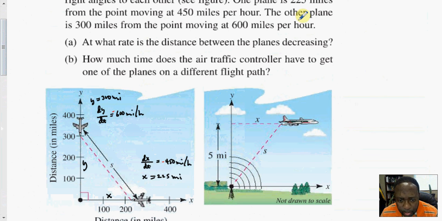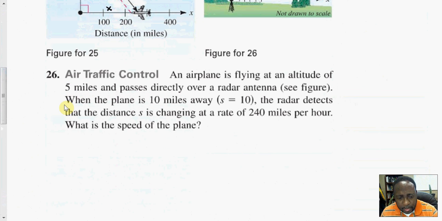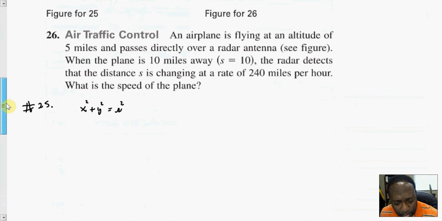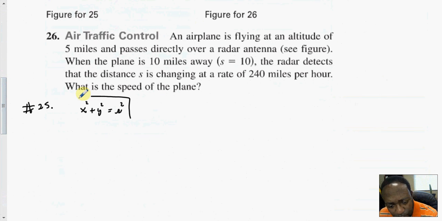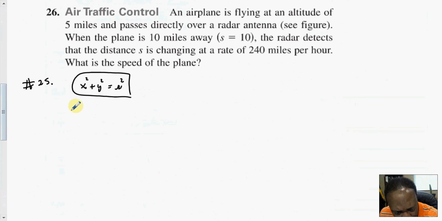And looking at Pythagoras, and by the way, this is for number 25 that we're doing. So x squared plus y squared is equal to s squared. And here s is not a fixed point. S is changing. So it gives us a little bit more to work with, but it's no problem. We can do it. So we differentiate.